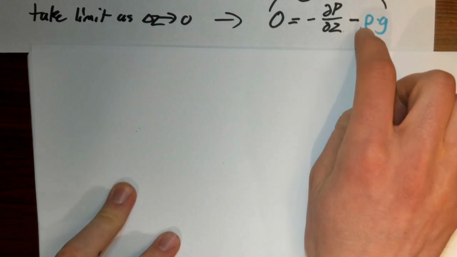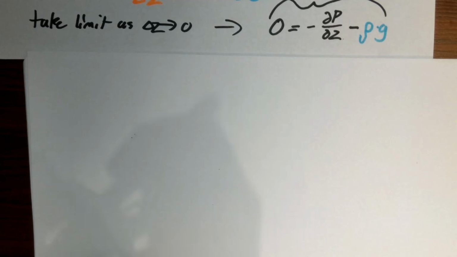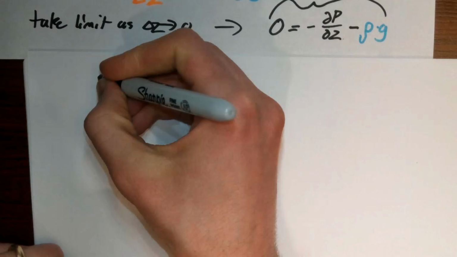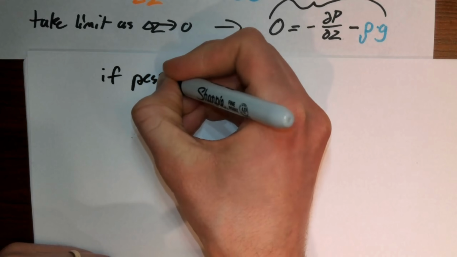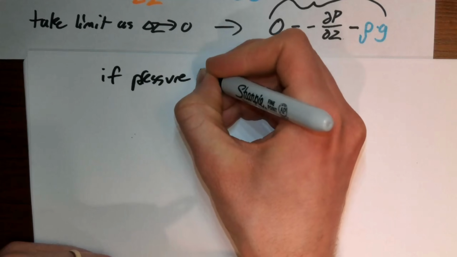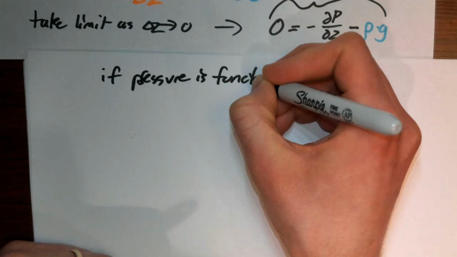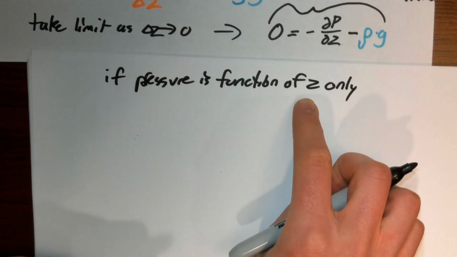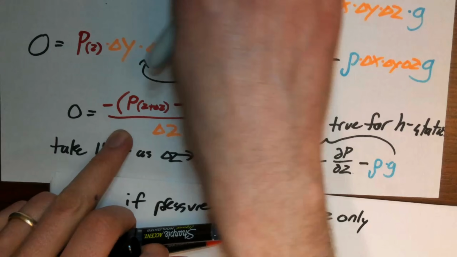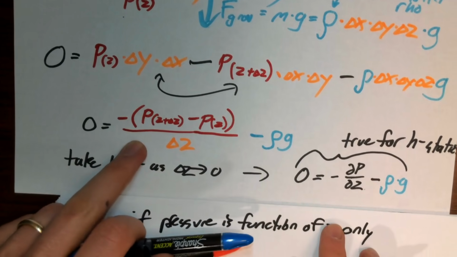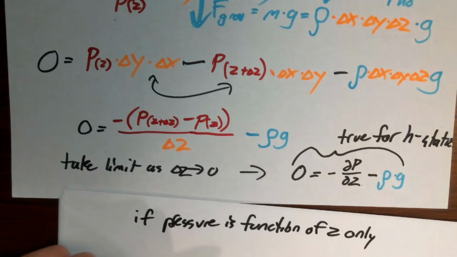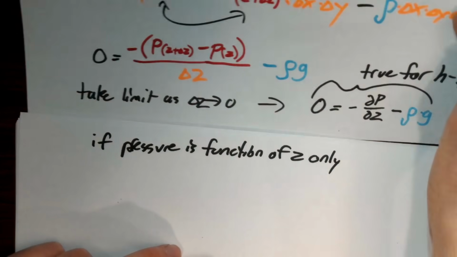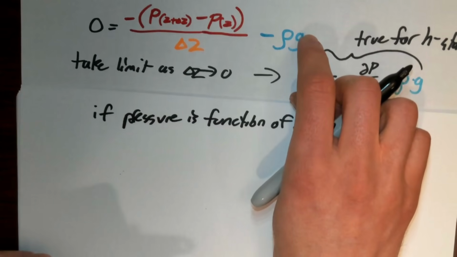Now, if pressure is a function of z only, which it should be in hydrostatics, right? We shouldn't have any pressures in x or y. So pressure should be a function of z only, and in hydrostatics, we can't have pressure be a function of time.